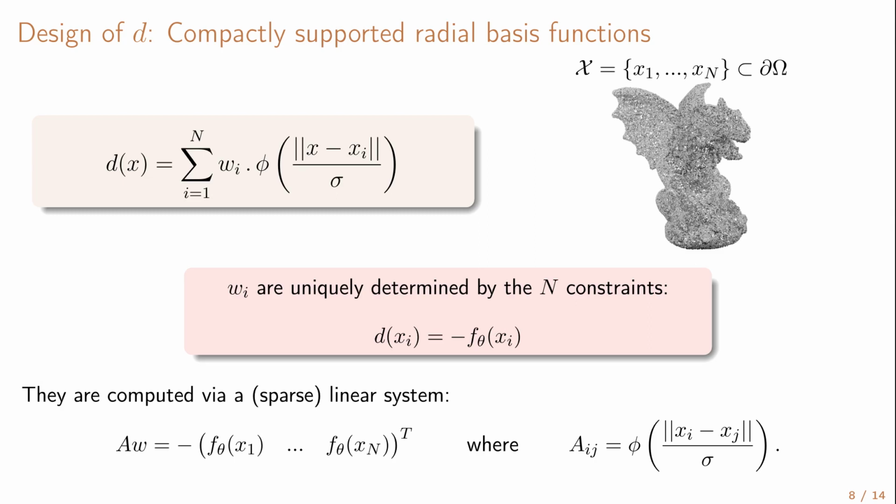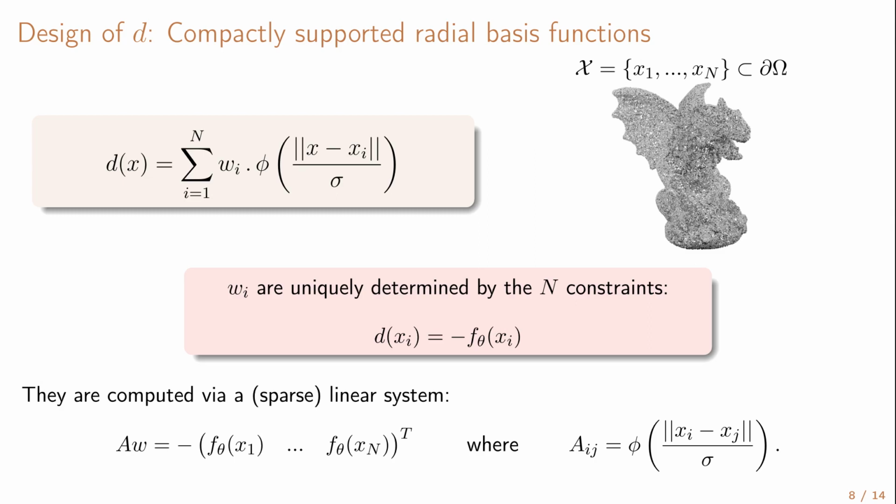If you expand those n constraints, they are linear in the weights wi, so you end up with a linear system that is sparse, because we are using compactly supported basis functions, and also symmetric, so it can be easily solved using some iterative method like the conjugate gradient method.